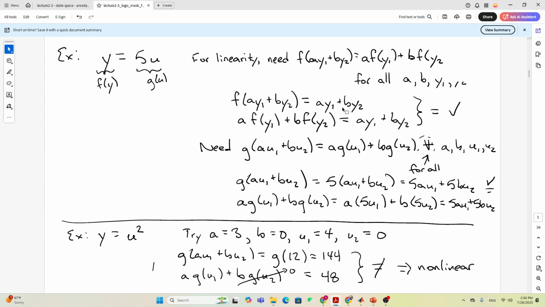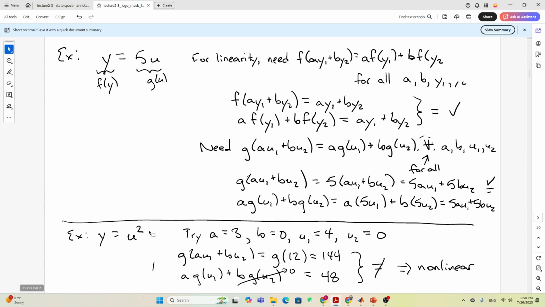So we compare them; those two are equal. And let's check the function g of u. g of a u1 plus b u2 on the left hand side equals a g of u1 plus b g of u2 for all a, b, u1, u2. So this, of course, very obviously meets the standard to be considered linear.